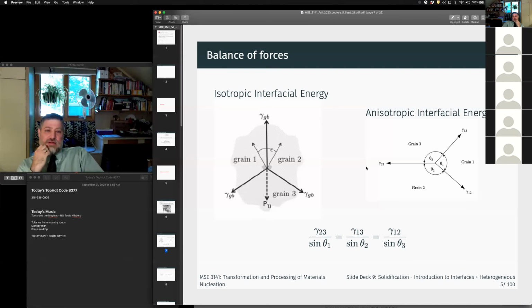Surface angle 2-3. Yeah, so the interfacial energy of gamma 2-3 is higher than 1-2 and 1-3, right? It's exerting more tension, and theta 1 is smaller than theta 2 and theta 3, right? But for equilibrium to hold, this relationship is true, right?